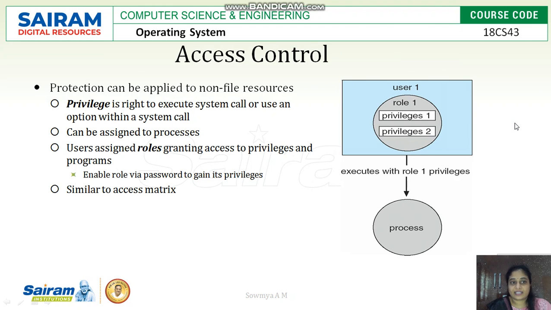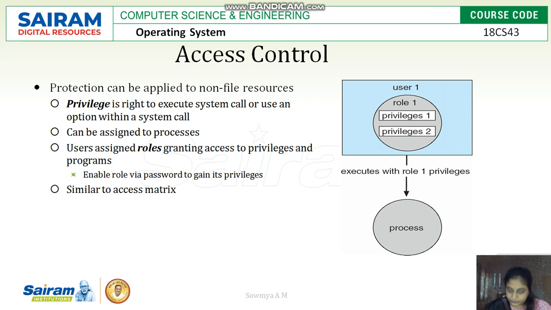Next is access control. Access control is a protection that can be applied for non-file type resources. A privilege is a right to execute a system call and use an option with a system call.